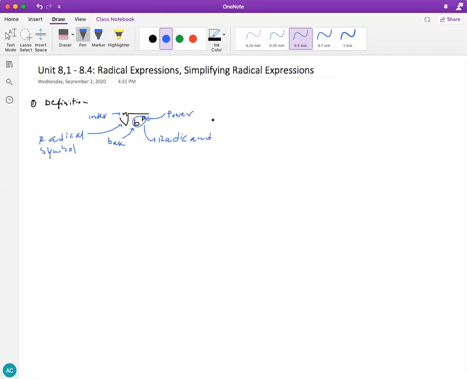Okay, so that's basically what a radical expression is. It's just something that's written like this with all these components.